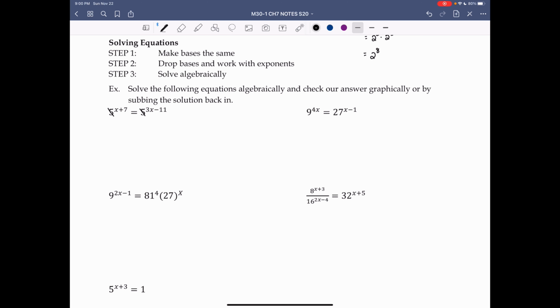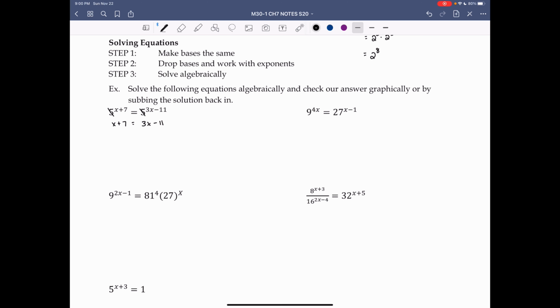So we can just get rid of the base and look at the exponent. We would have x plus 7 has to equal 3x minus 11. This is a linear expression, so we want to move the x's to one side, the non-x's to the other side.